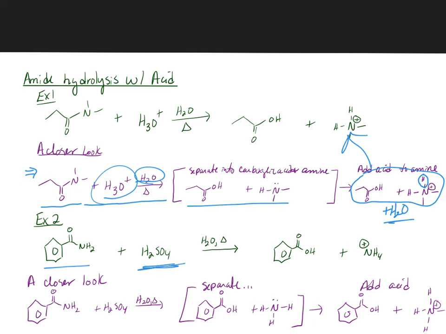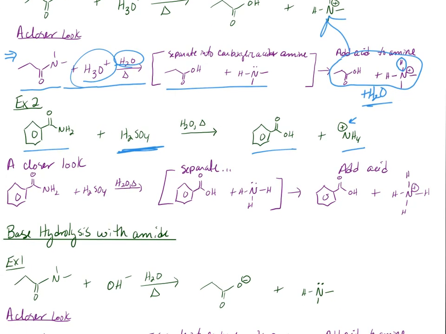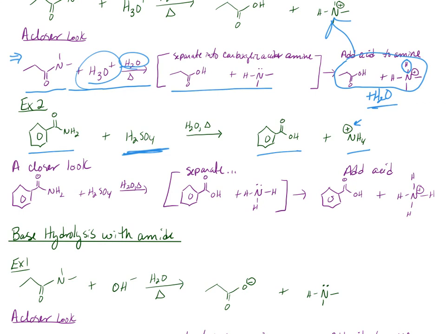With an acid situation, we're going to make the carboxylic acid, we make the amine, and then we have a positive charge to it. Again, I've separated that though, further down, and said first let's make our carboxylic acid and our amine, and then take into account we're adding the acid right there. So I separate first, add acid later.